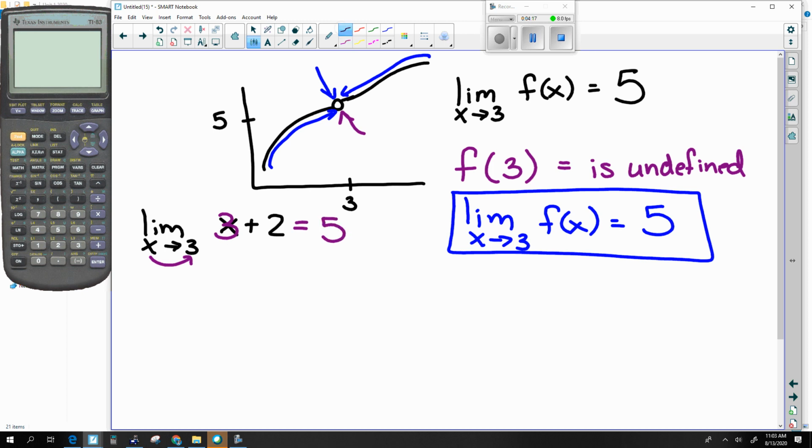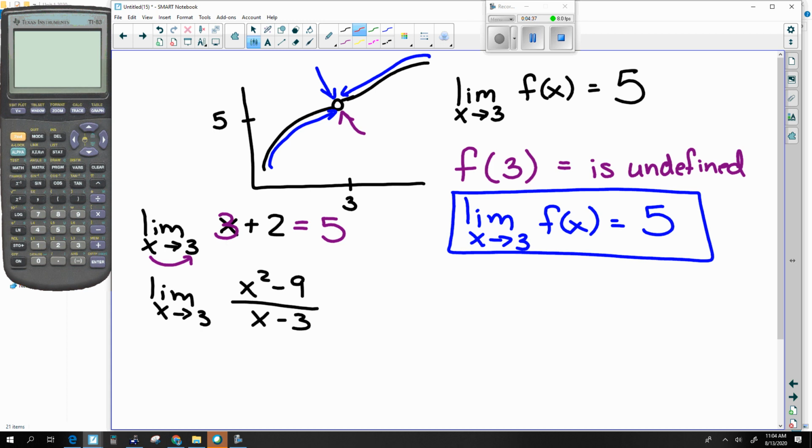However, sometimes you're not able to just substitute in. You're not allowed to do that.